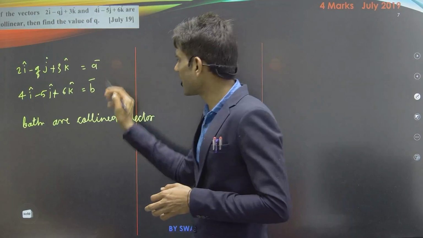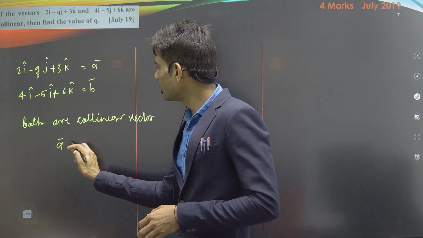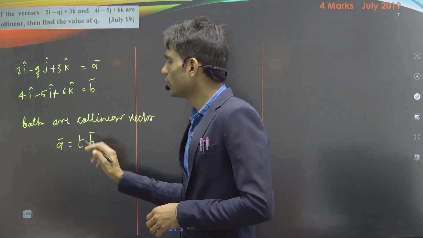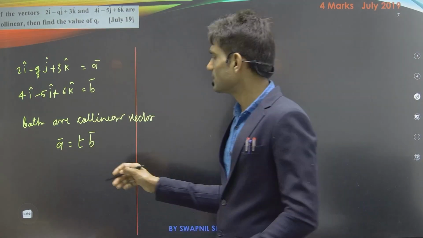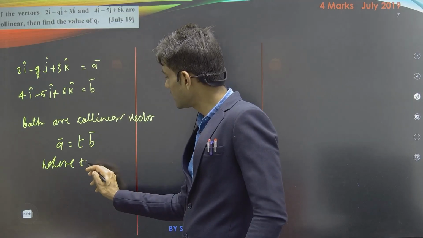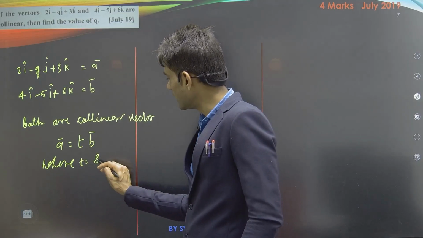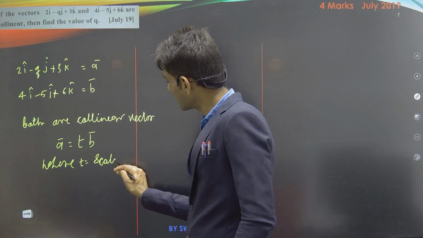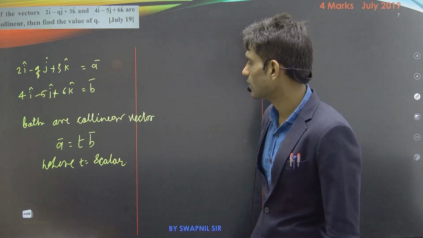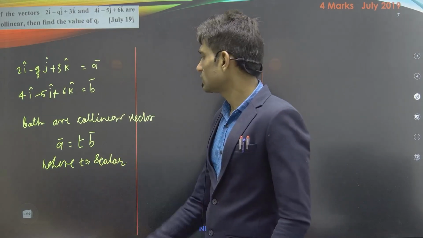So we can write a bar equal to some scalar multiple of b bar, and that scalar I consider as t, where t is a scalar.